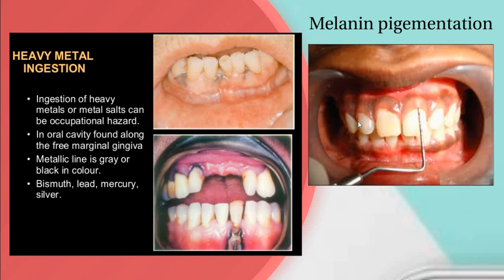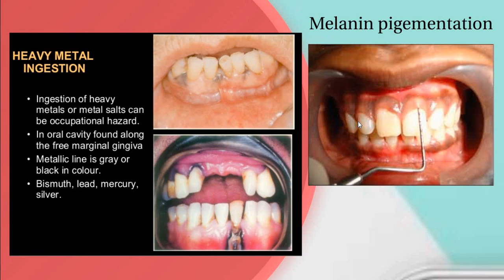Also, deposition of iron causes blue-gray pigmentation, just like melanin pigmentation. And exogenous factors like atmospheric irritants such as coal, metal dust, coloring agents in foods or lozenges, and tobacco may cause discoloration just like melanin pigmentation.